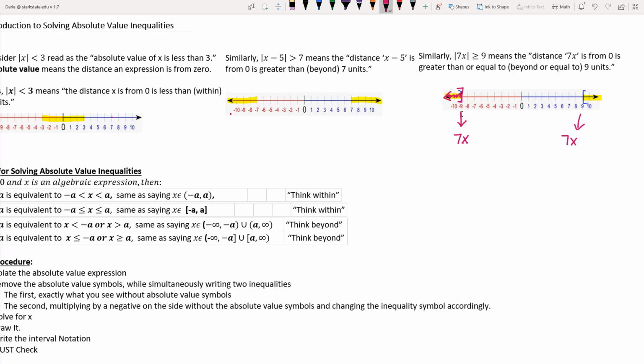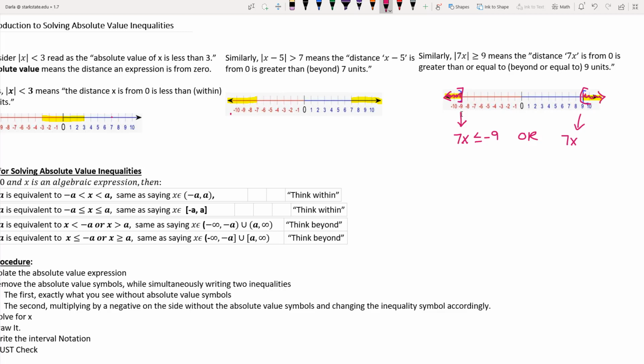So this would be 7x is less than or equal to that -9, or we could have 7x being greater than or equal to 9 units away. So that'd put a bracket at 9. And if we're going to be beyond that, we're going to be to the right.